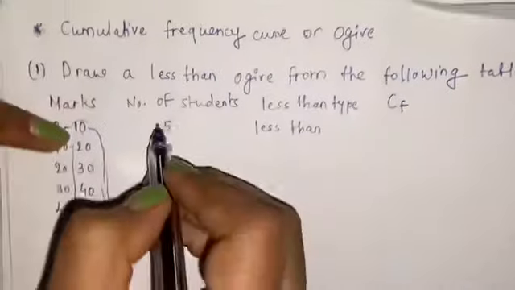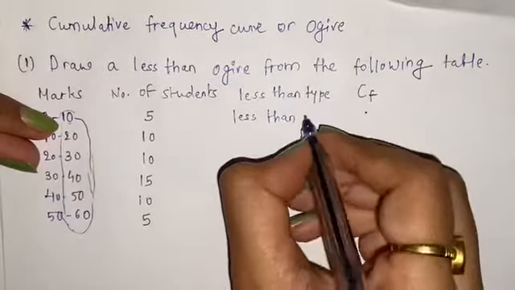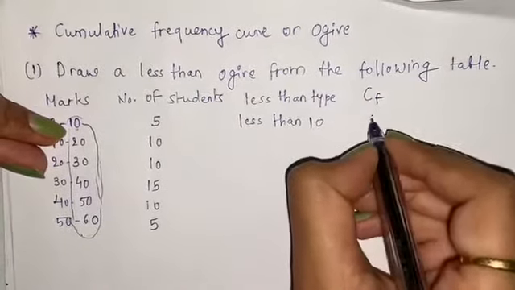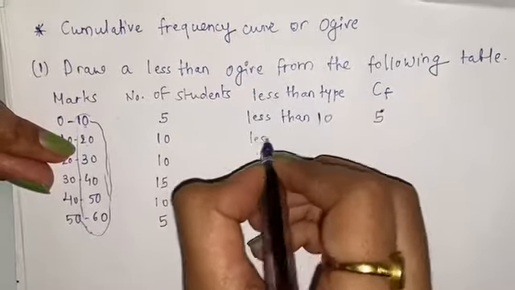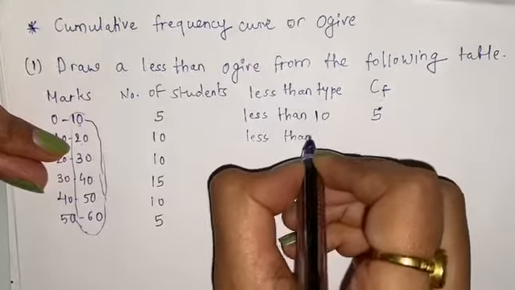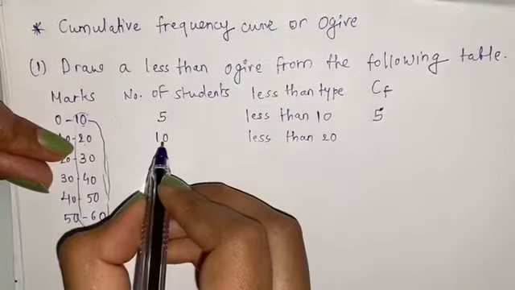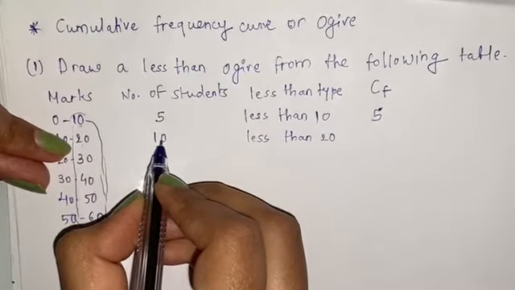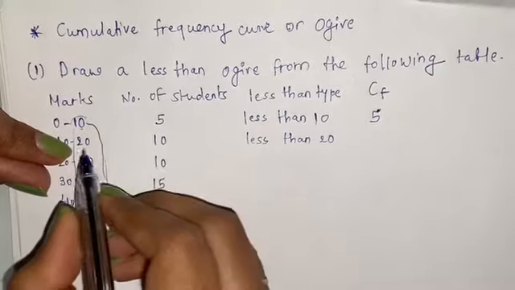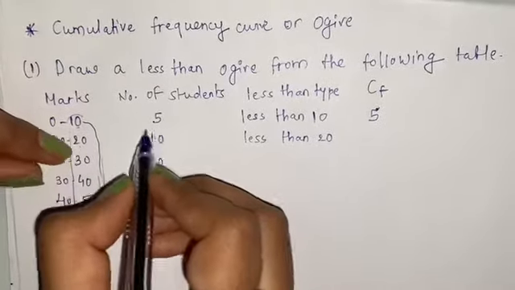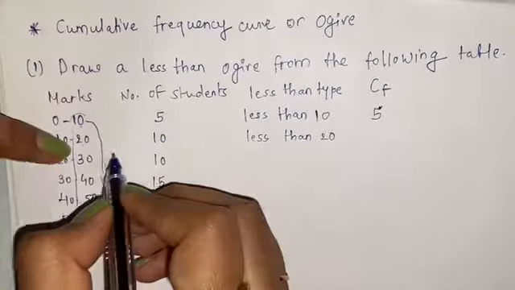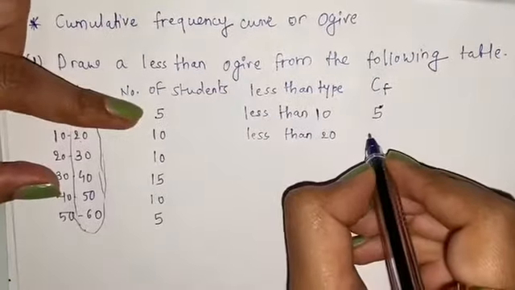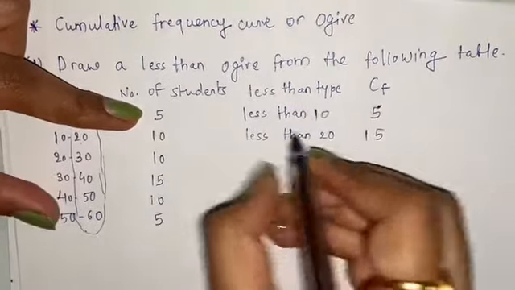So less than 10, we have 5. Now less than 20. Over here we have 10, but less than 20 means this number will also be included. This class is 5, but that is also less than 20. So 10 plus 5, so this will be 15.